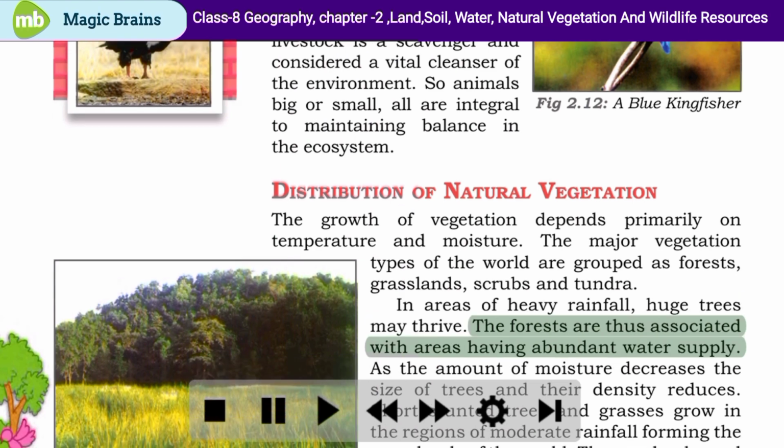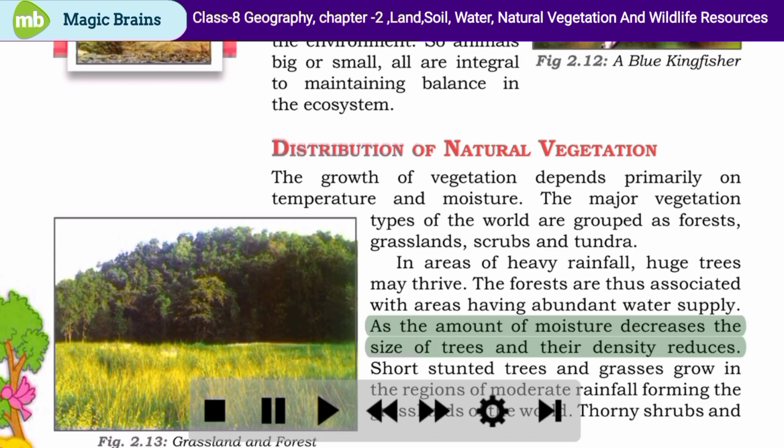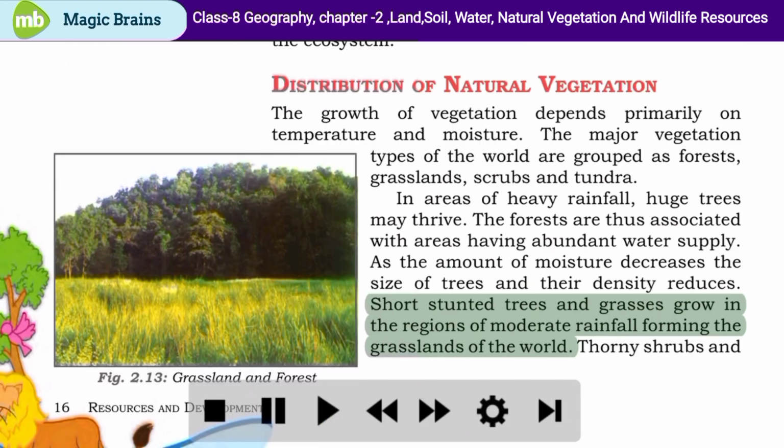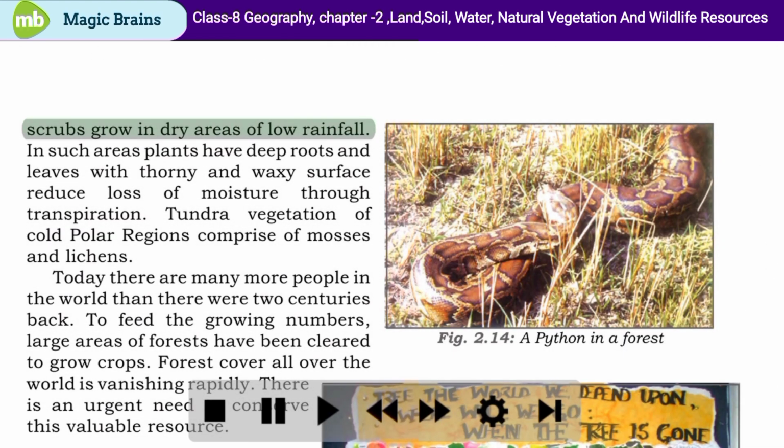The forests are thus associated with areas having abundant water supply. As the amount of moisture decreases, the size of trees and their density decreases. Short stunted trees and grasses grow in the regions of moderate rainfall, forming the grasslands of the world. Thorny shrubs and scrubs grow in dry areas of low rainfall.